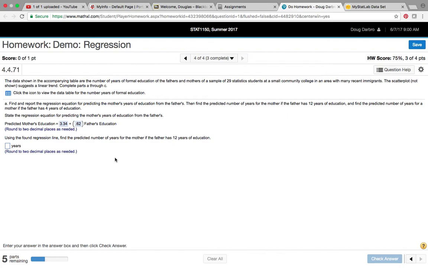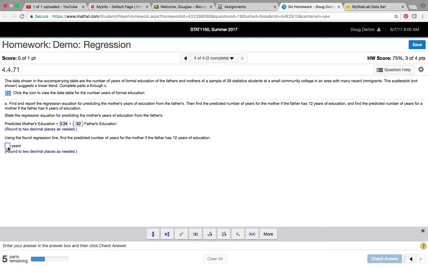So let me grab my calculator. Guys, make sure you multiply first. So I'm going to take 0.62 times 12, and then add the 3.34. We ran to 2 places, so what I get is 24.85.